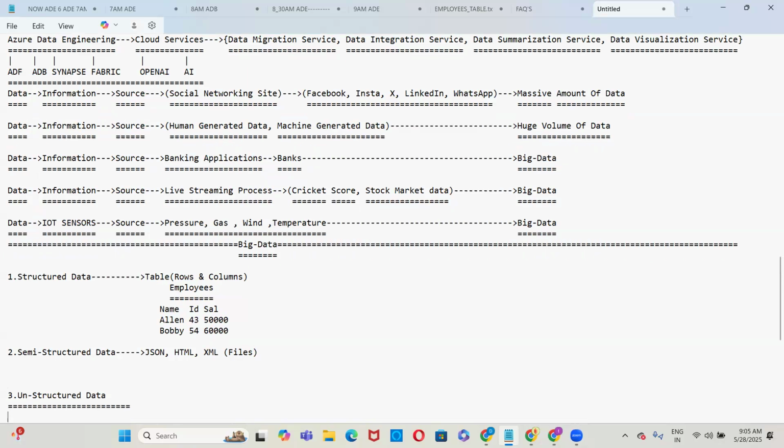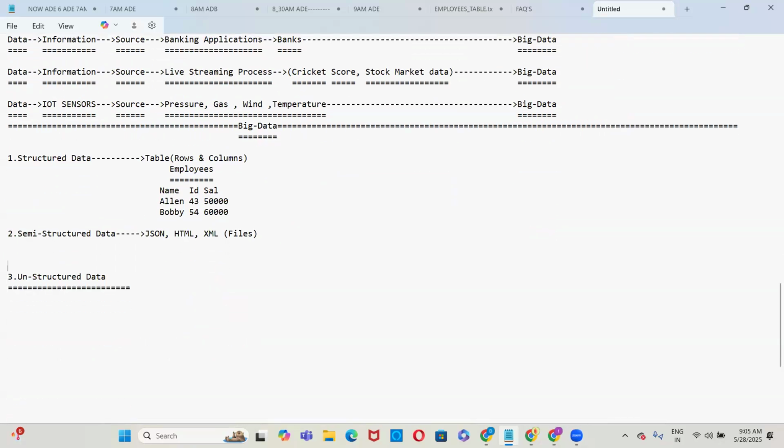So now, guys, let us discuss what a JSON file is and how it looks. JSON stands for JavaScript Object Notation file.